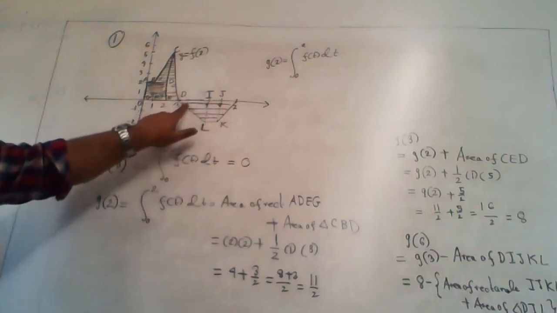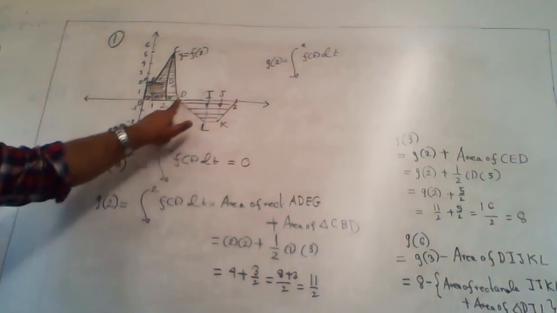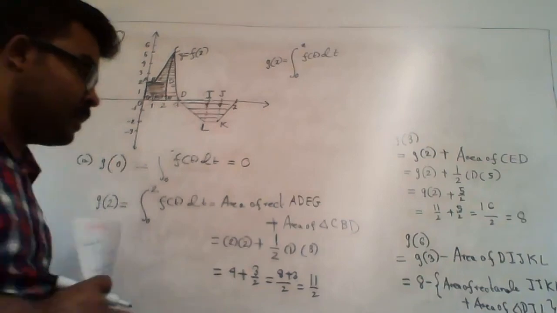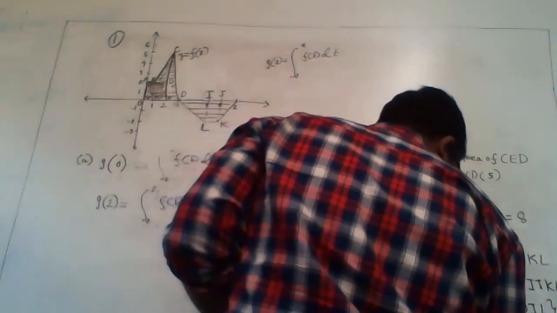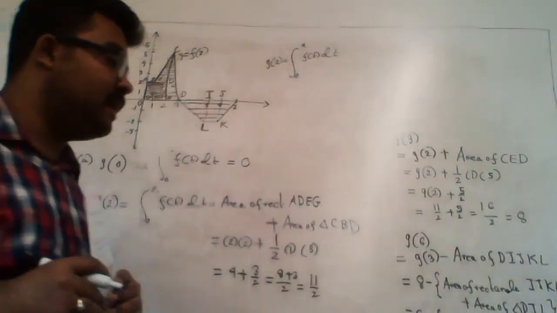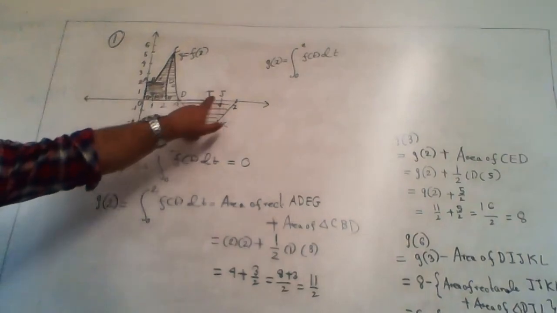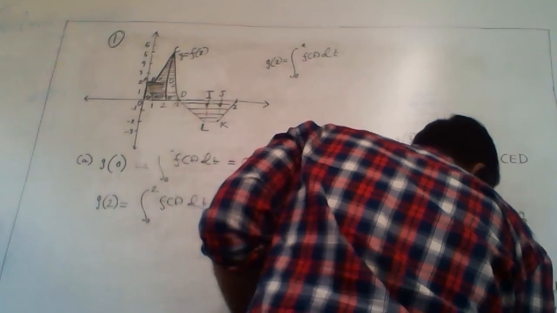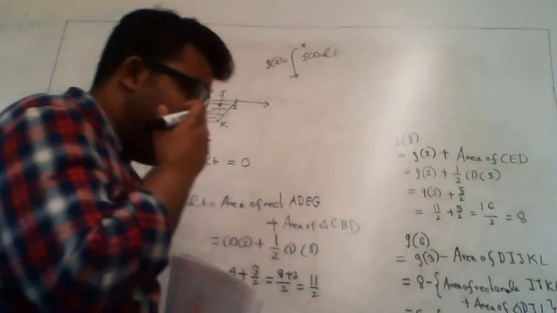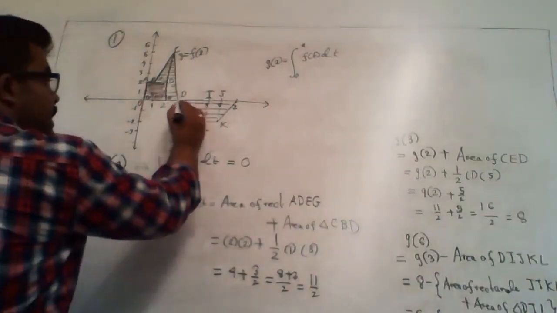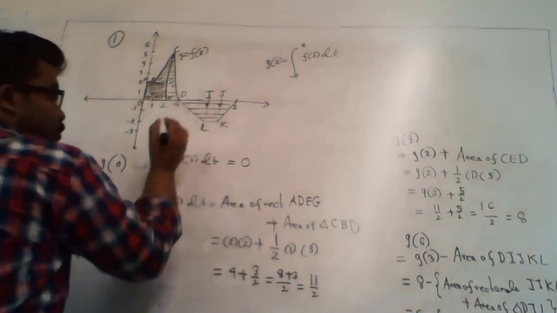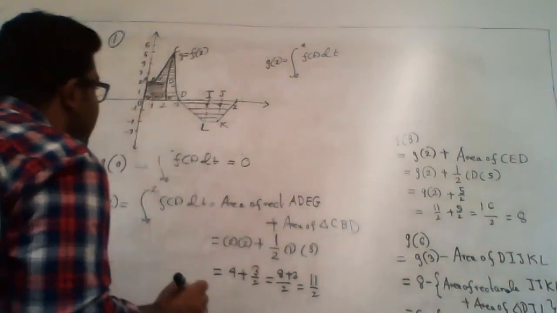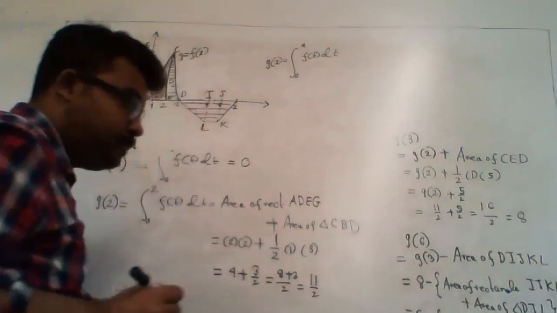Now what is the area of this rectangle? Its length is 1 and its width is 2. So it will be 1 times 2, plus the area of triangle DIL. Its base is 2 and its height is also 2.